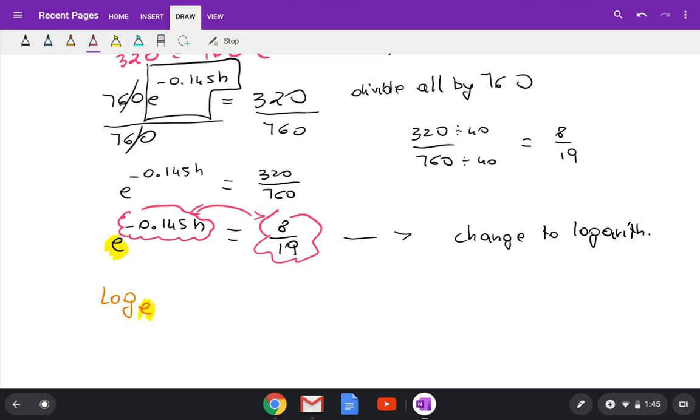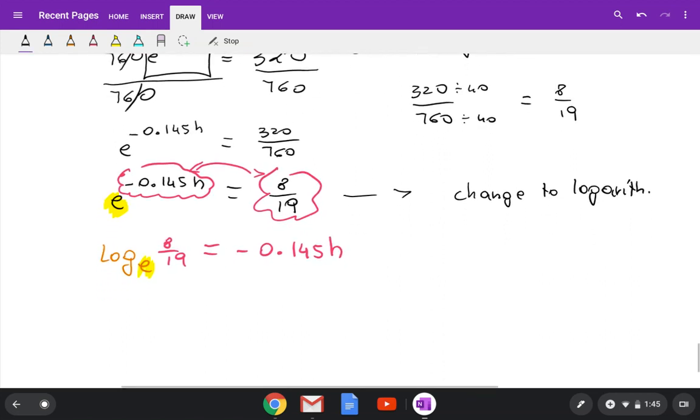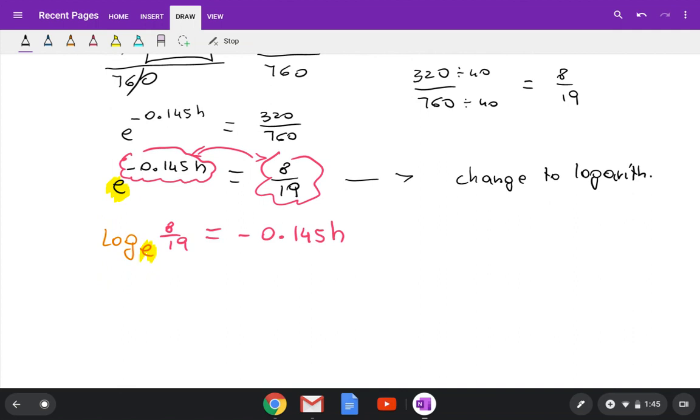Next to my base, I'm going to have 8 over 19. Outside, I'm going to have negative 0.145h. Logarithm of base e is the natural log. So that means ln of 8 over 19 equals negative 0.145h. We almost have it.